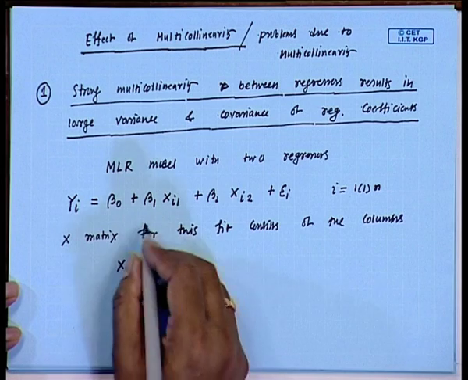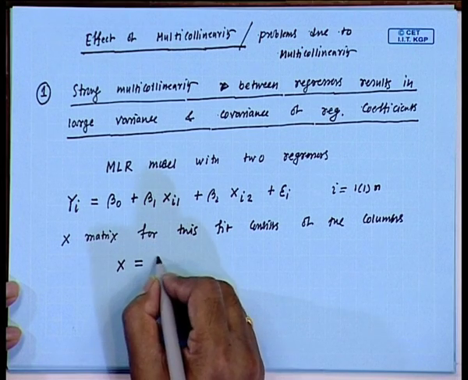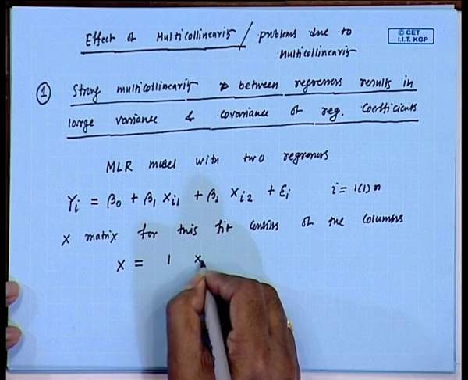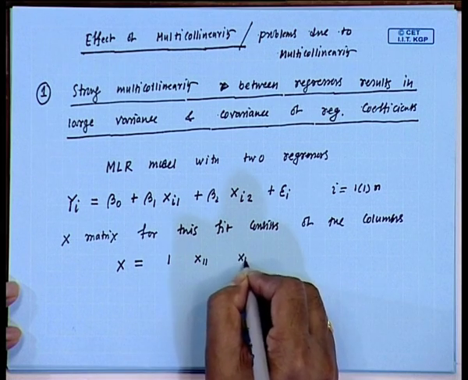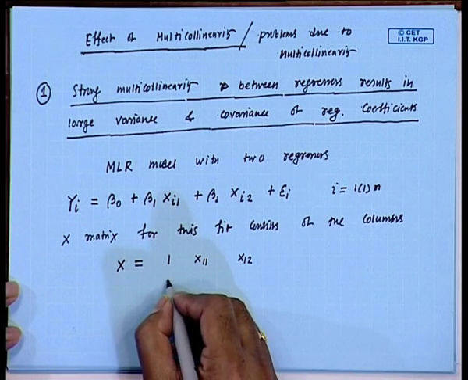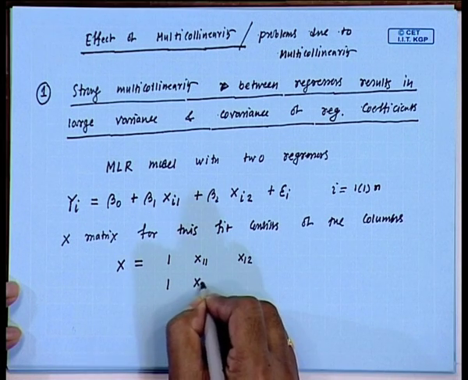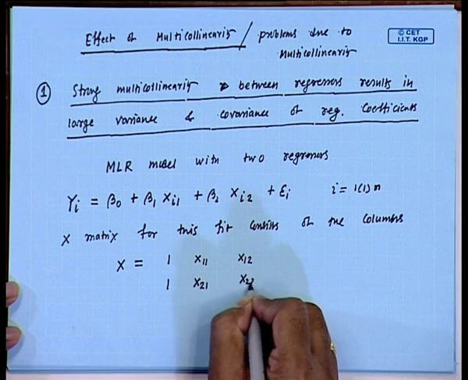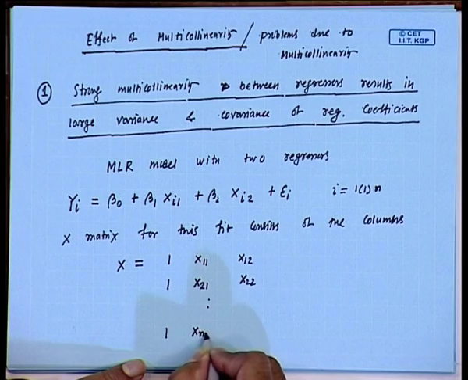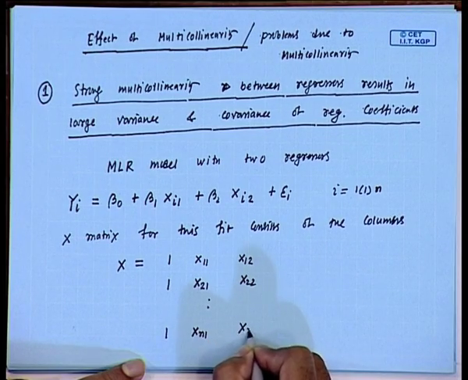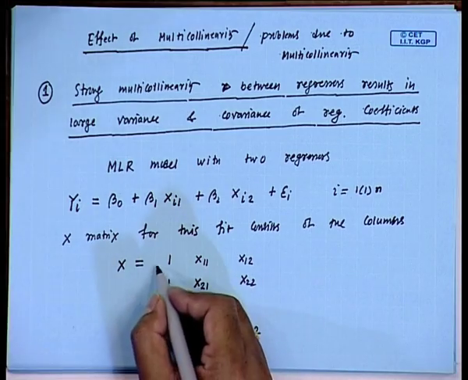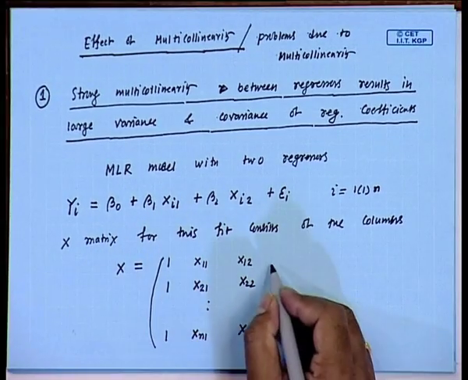The X matrix for this model, we know, is 1, x11, x12, then 1, x21, x22, like that, 1, xn1, xn2. Okay.